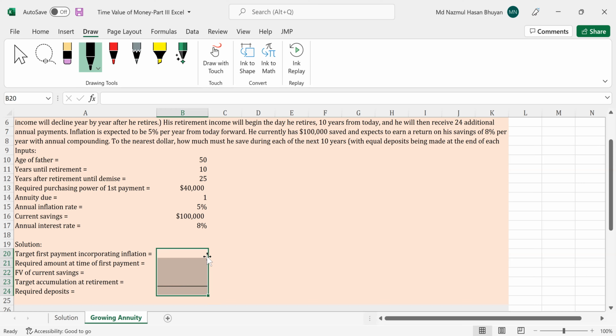All right. So first, we are going to calculate the target payments he wants to get. Remember, he wants to get the current value of $40,000 10 years from now. So this means $40,000 today.